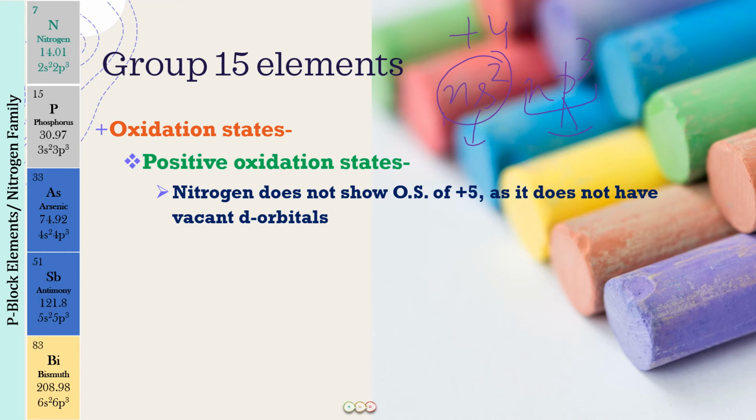Whenever this is donated as a lone pair to some other atom, a covalent bond will be formed, but this will be of a coordinate type. So this will be a coordinate covalent bond when the lone pair of nitrogen is donated to some other atom, and then we will have these three as the covalent bonds. So maximum nitrogen can show a +4 oxidation state.